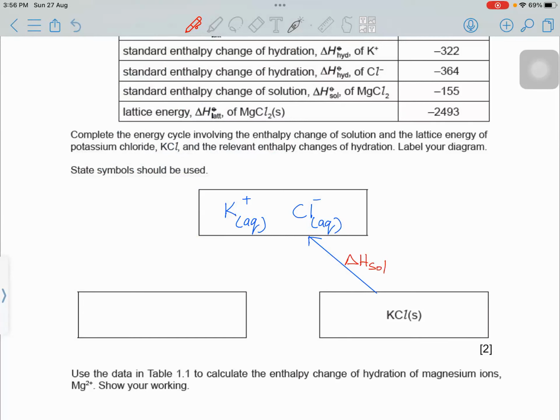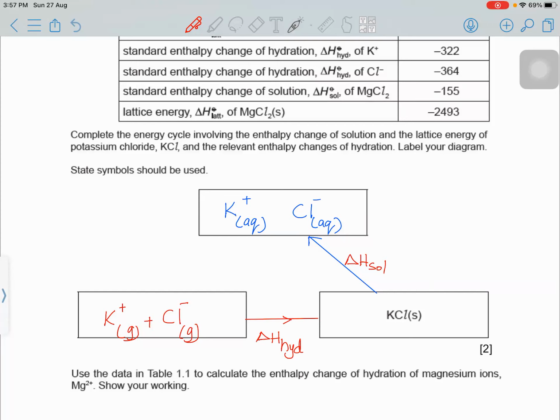So right here K positive gaseous plus Cl negative gaseous. Is this hydration energy or lattice energy?